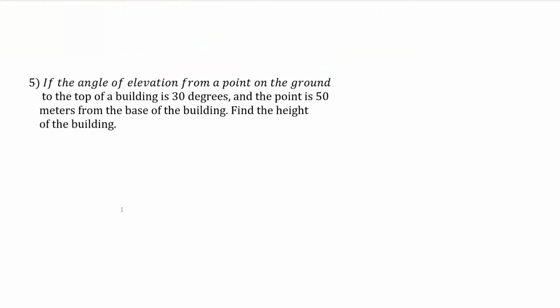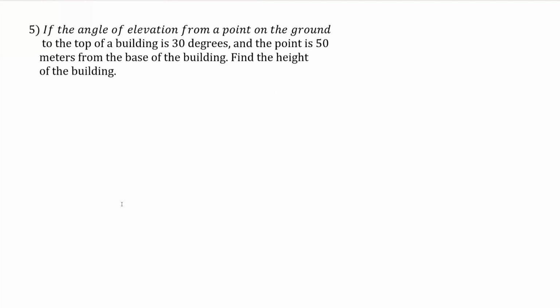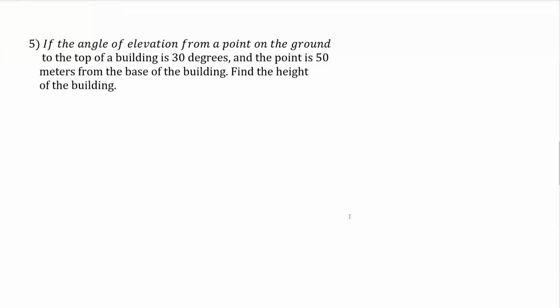So now this example is talking about angle of elevation. So if the angle of elevation from a point on the ground, so elevation, you're elevating, so your angle is opening up. So here you draw this horizontal line and then you draw the angle going up, right? So that's the angle of elevation.